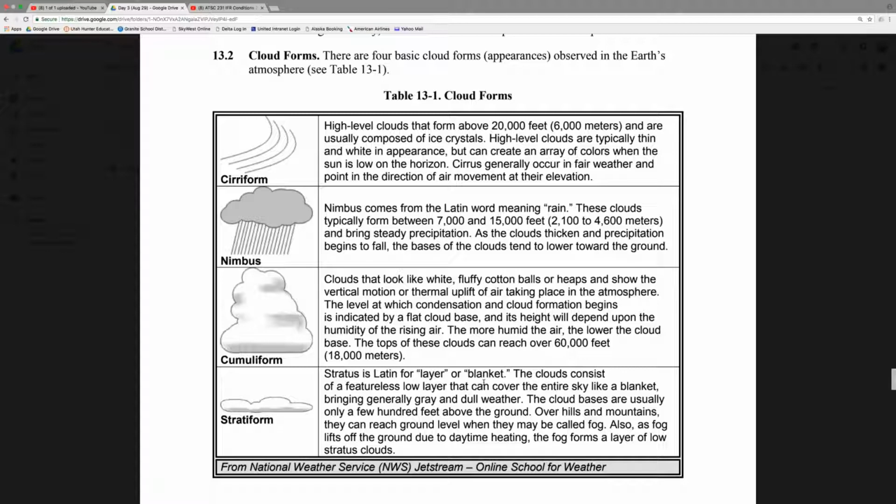So cumuliform clouds, these are the really fluffy clouds, like the Care Bear clouds. These clouds can get extremely tall in elevation. One thing that we see a lot that's associated with this type of cloud is turbulence.